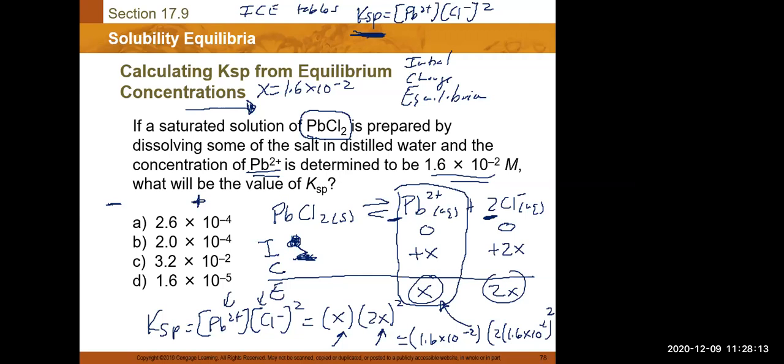And it looks like D is the winner here. It looks like 1.6 to the minus 5. It is still a K value, which means you do not have to put units or anything like that. Any questions on that step there?